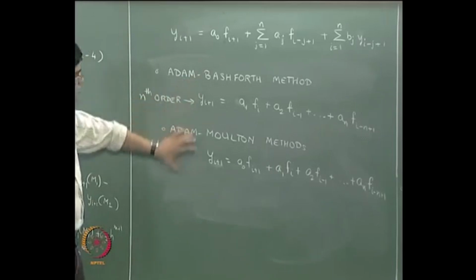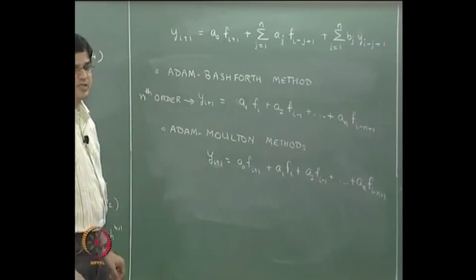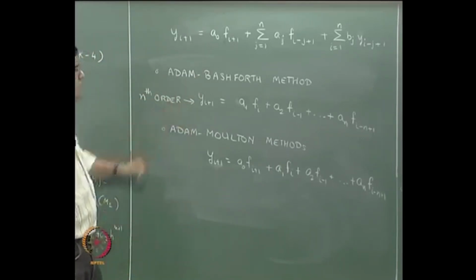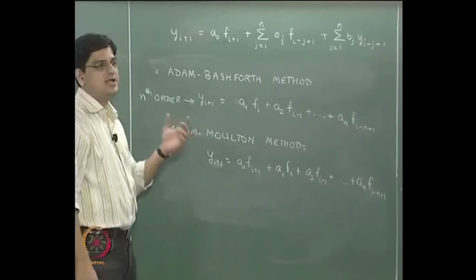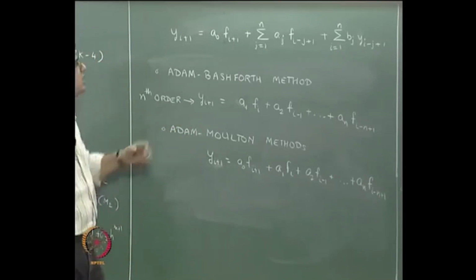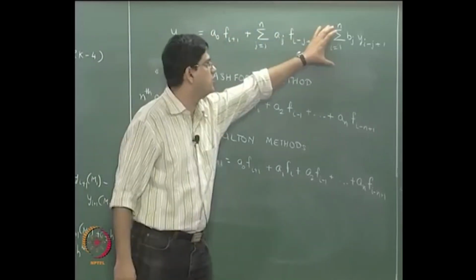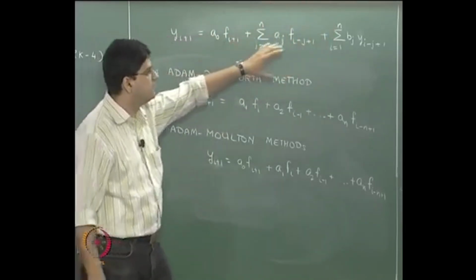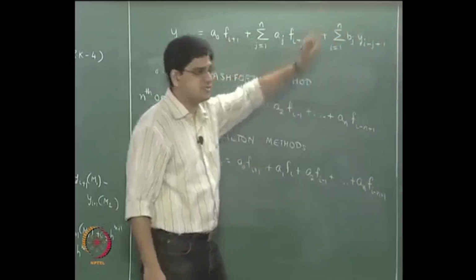Okay. So these two are the Adams family of methods, and finally we have the backward difference formula. The idea behind the backward difference formula is we do not worry about the function values in the past, we only worry about the yi's in the past.